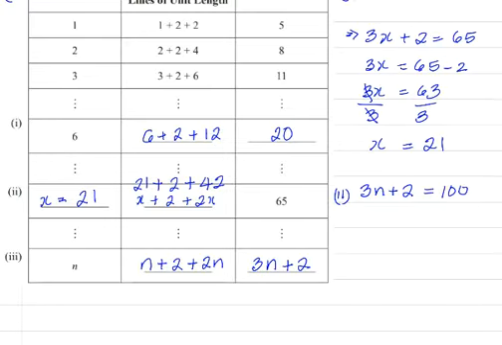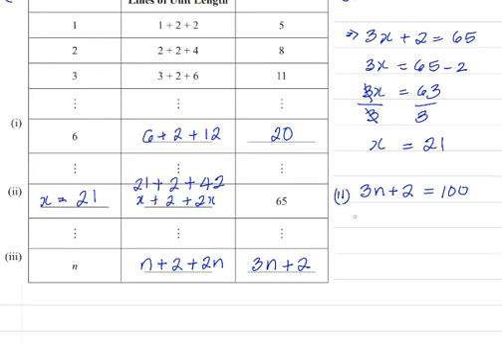So in order for 100 to be the perimeter of a figure in the sequence of figures, n, the figure number, must come out to be a whole number. If it comes out to be a decimal, then 100 cannot be a perimeter of a figure in the sequence of figures.